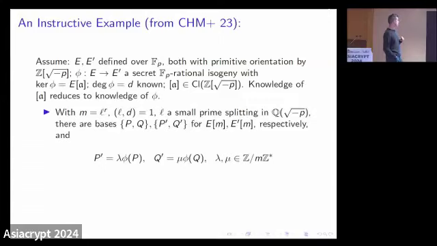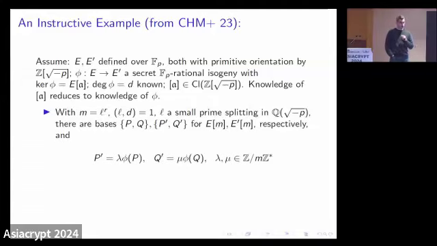So let's just assume that we have the following context. We have two curves, E and E' over F_p. They have a primitive orientation by Z adjoin square root of minus p. And we have some secret F_p-rational isogeny whose degree is known.